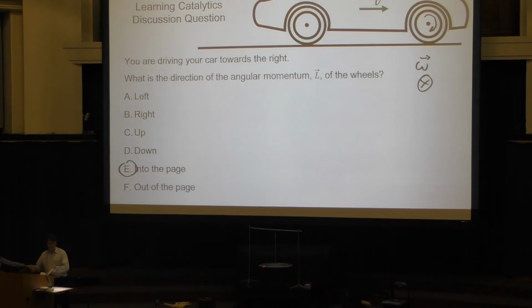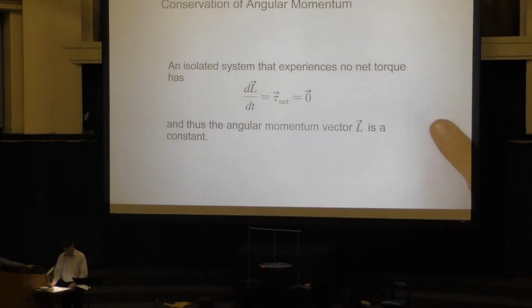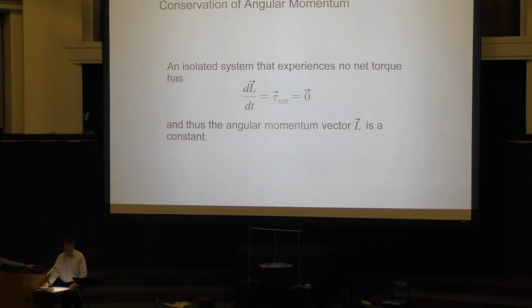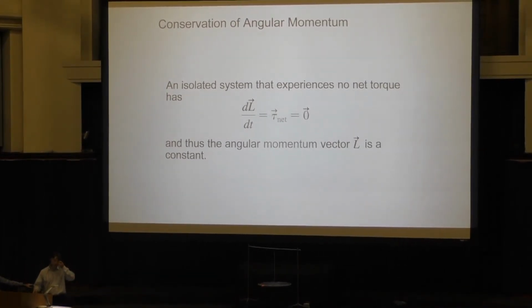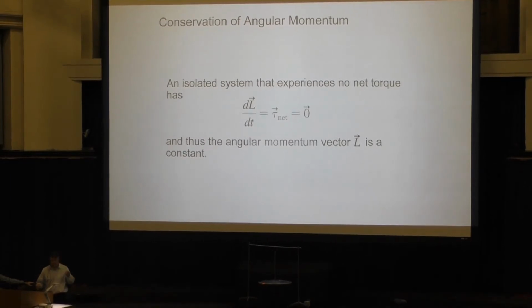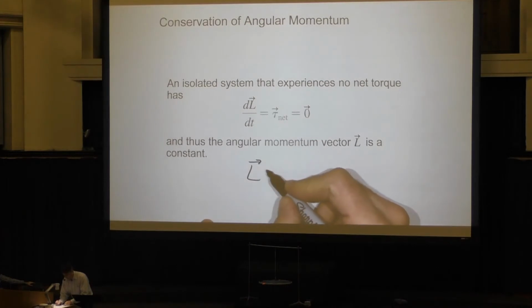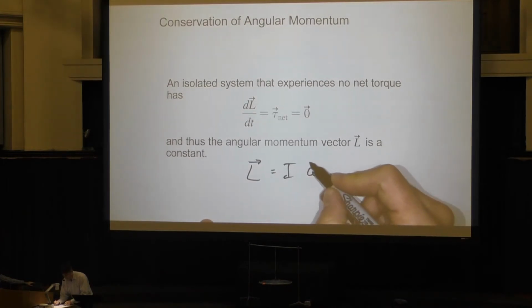So that's good. Next, I'm getting ready to do this crazy chair thing, which is that if you have no net external torques, then the angular momentum is constant. This goes back to the figure skater: L is equal to I times omega.